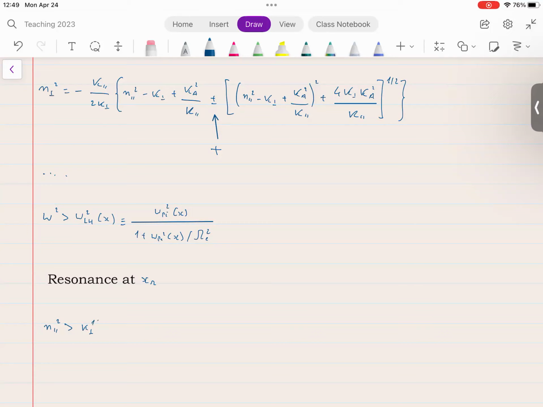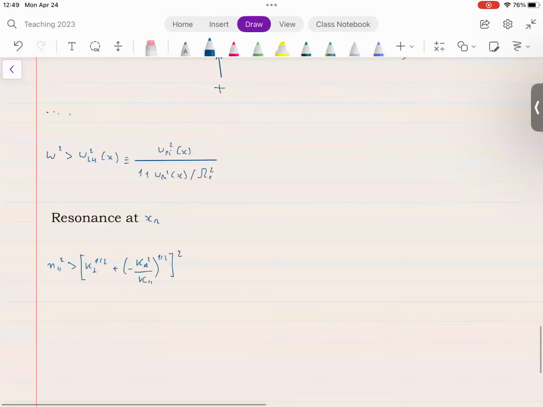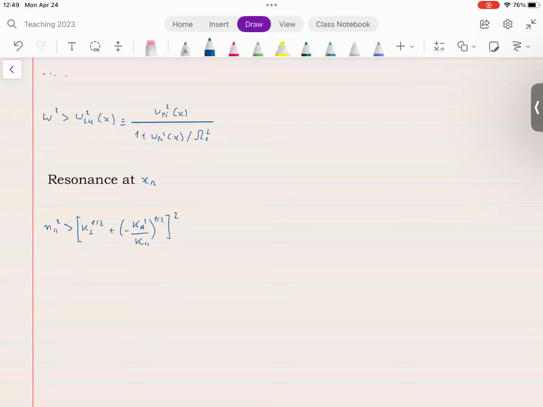Let me just write it this way. Square root of k perp plus minus ka square over k parallel, which is a positive number, to the 1/2, everything square. This is just the way we write it.